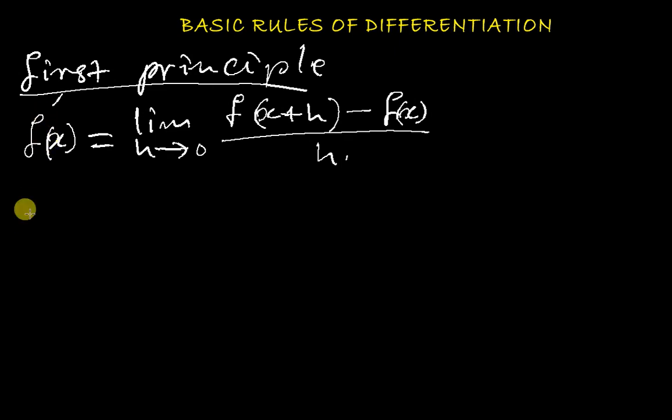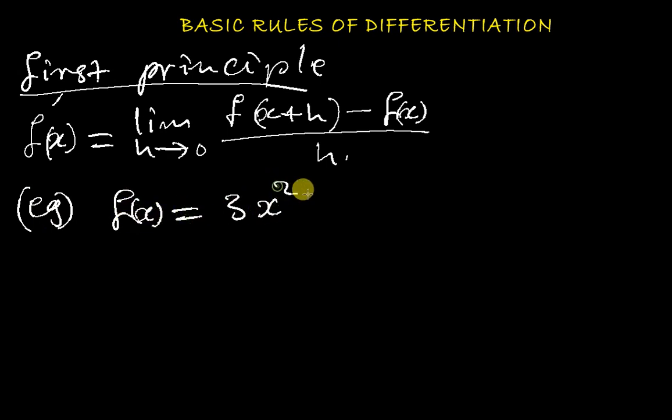Let's see how you're going to do it. For instance, if you have a question like f of x is equal to 3x squared, how do you differentiate this using the first principle? You simply have to find f of x plus h, and then subtract the main function from that.